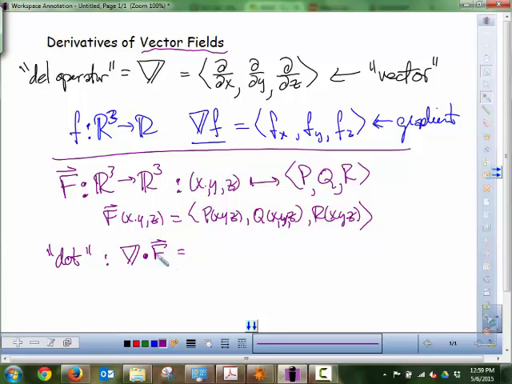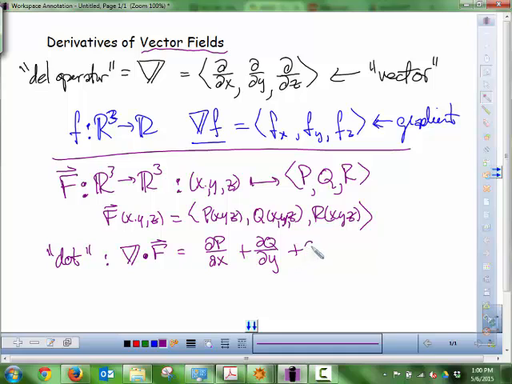So I drew those vector brackets, but I have to take that out because it's just going to be a scalar. So it's the derivative of P with respect to x, and then we add it, right? Plus the derivative of Q with respect to y, plus a derivative of R with respect to z. Okay?